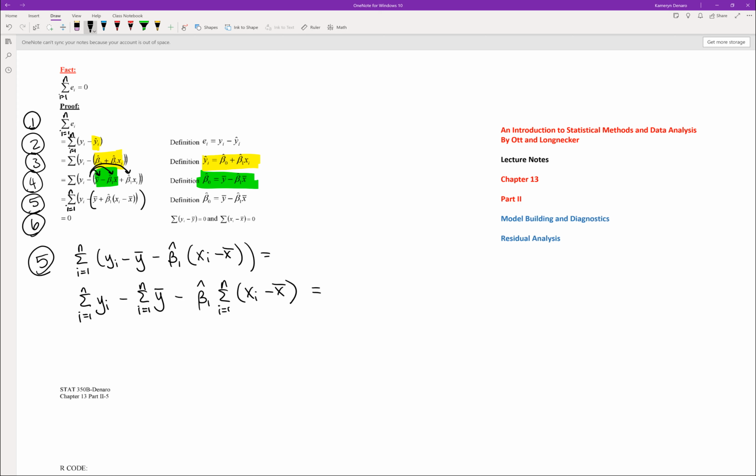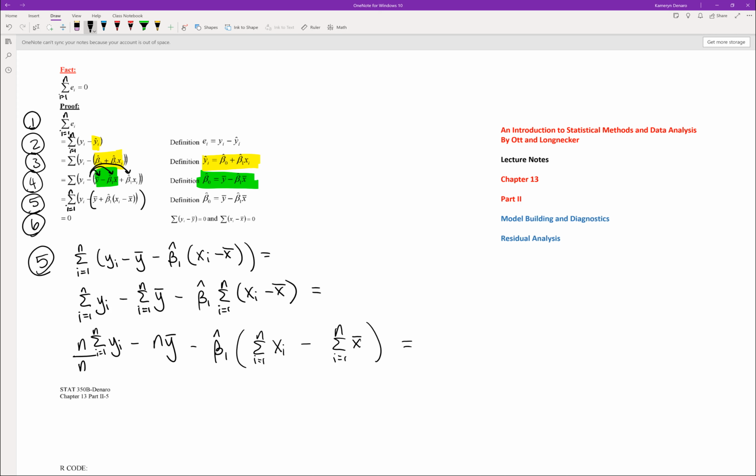All right, from here, I can multiply by n over n, because that's just 1. So the summation i equals 1 to n of the y_i's minus n y bar, right? Minus beta 1 hat, and I'm going to pull that summation through: the summation i equals 1 to n of the x_i's minus the summation i equals 1 to n of the x bars.